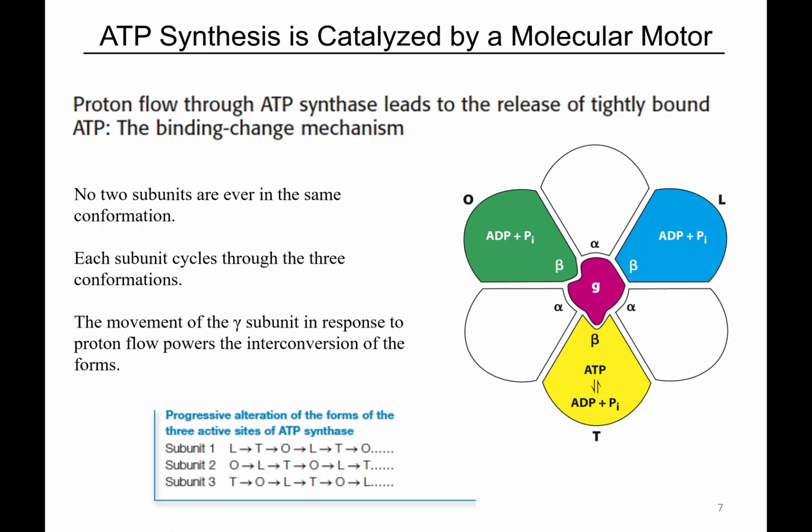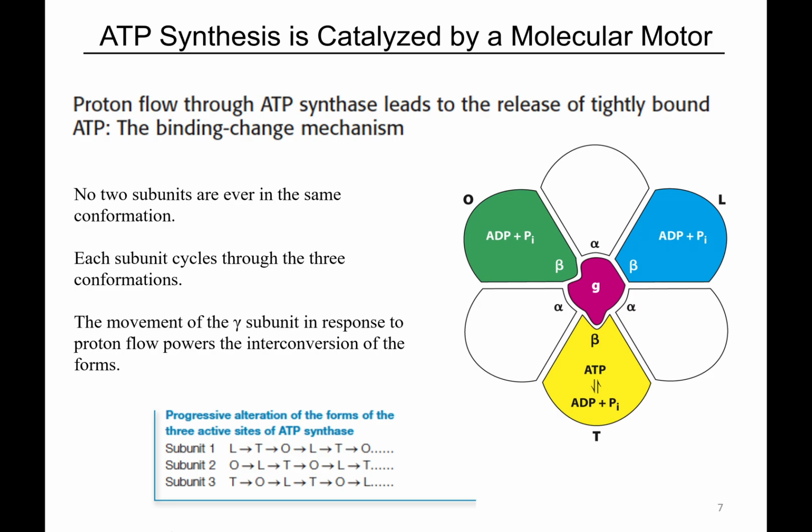The L state, they're locked in place, right? The 2 substrates, ADP and inorganic phosphate, are locked in place, but they can't be converted to ATP. In the T state, now the beta subunit has adopted a conformation that encourages the interconversion of ADP and ATP.